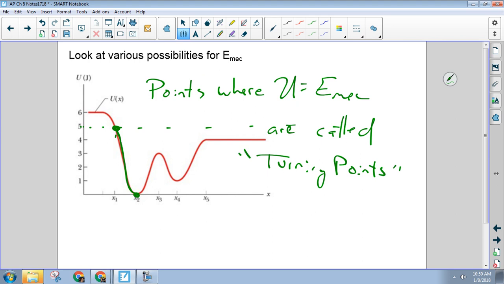Well, that's where you turn around. If this thing is moving this way with a mechanical energy of 5 joules, it's going to lose kinetic energy and gain potential energy. When it gets to this point, what's the kinetic energy going to be? 0, right? And so then the conservative force pulls it back the way that it came from.